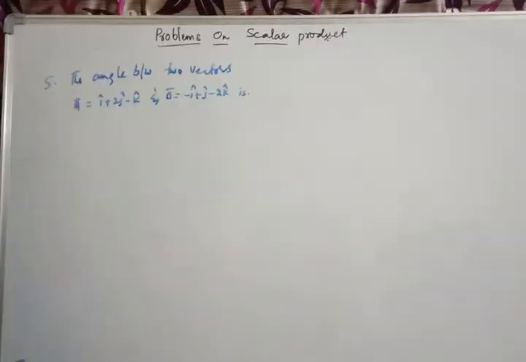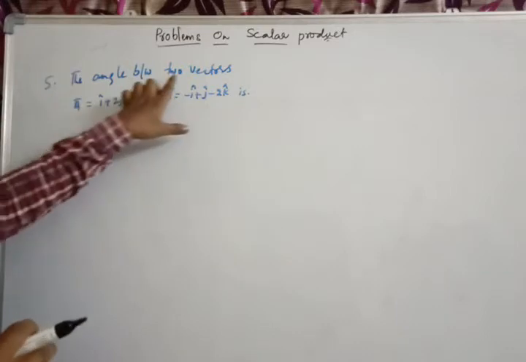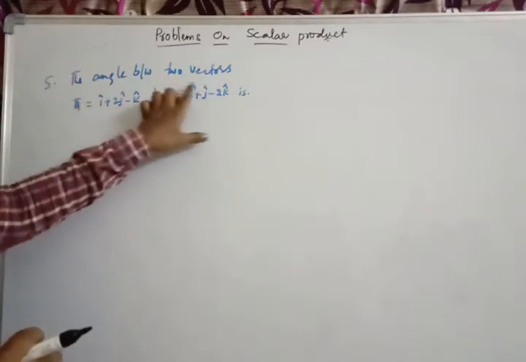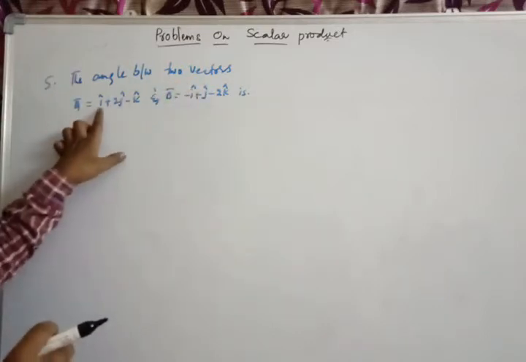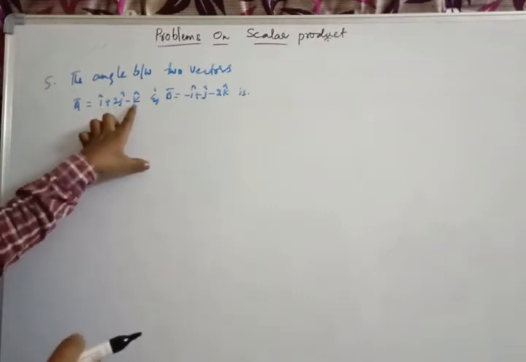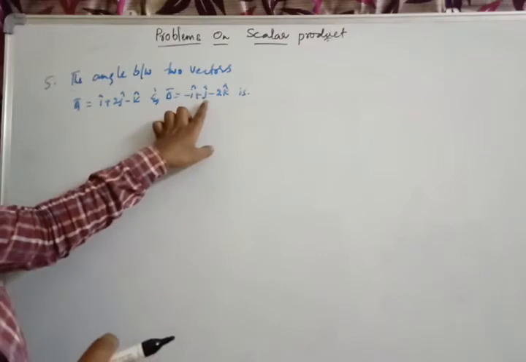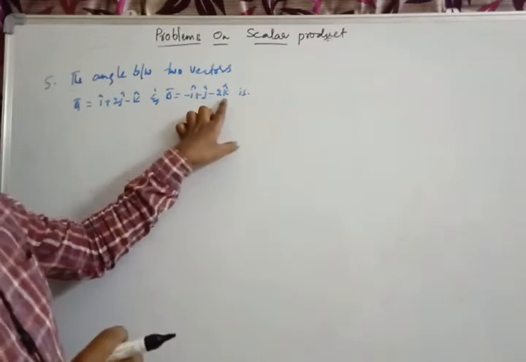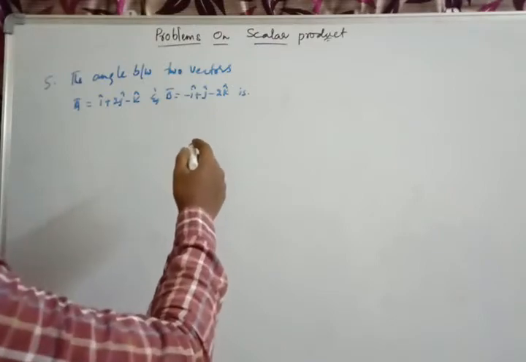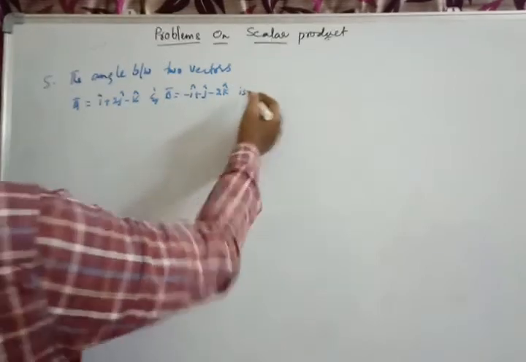The fifth question is the angle between two vectors. If A bar is equal to i cap plus 2j cap minus k cap, and B bar is equal to minus i cap plus j cap minus 2k cap, what is the angle between the two vectors?